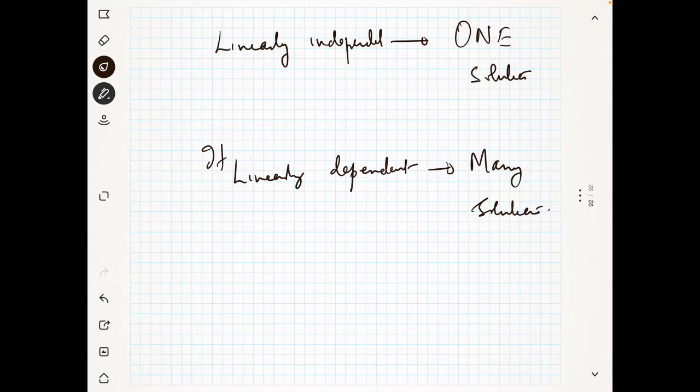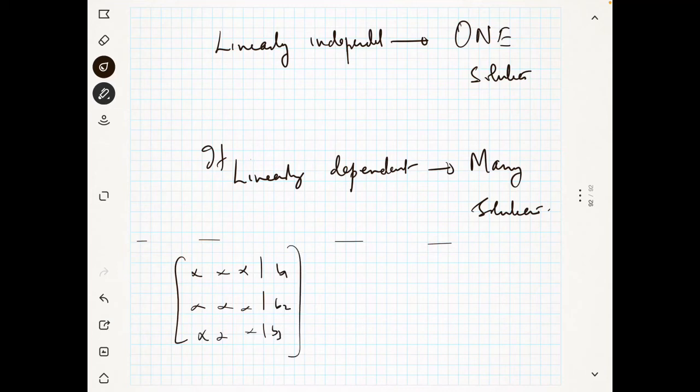And how to find this? To find whether it is linearly independent or dependent, first of all, you should have a matrix like this, A. Let's say this is B1, B2 and B3.